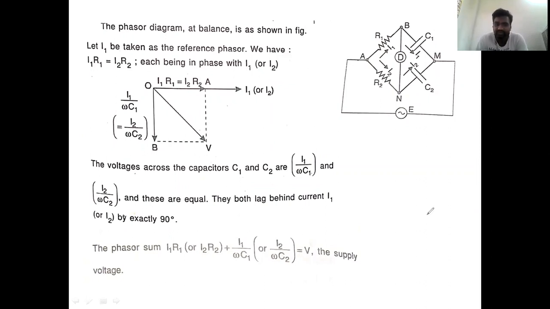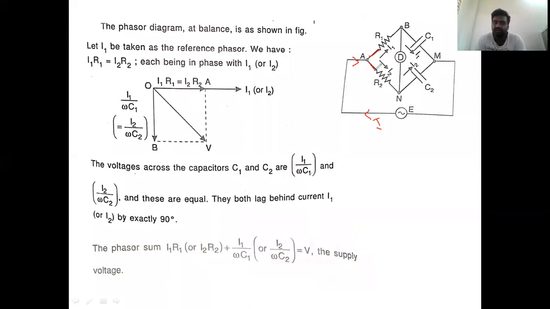In this bridge, E is the EMF or voltage provided to the bridge, and capital I is the current provided. After entering the bridge, the current is divided into two parts: I1 and I2. I1 is the current flowing through the first resistance arm, and I2 is the current flowing through the second resistance arm, or the second path.